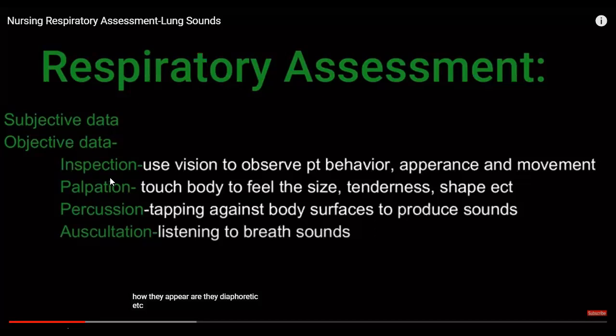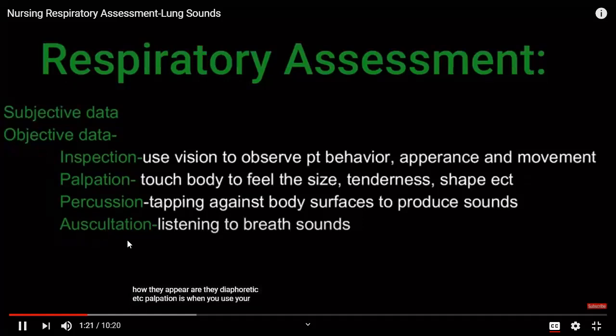Inspection means you have to observe, you have to see. Palpate means you palpate with the palm of your hand. Percussion, you are tapping. And auscultation, you use the stethoscope or Littmann with the diaphragm and listen to the normal and abnormal heart sounds.